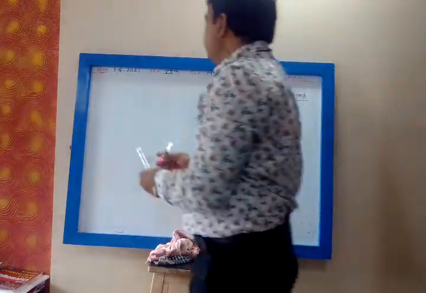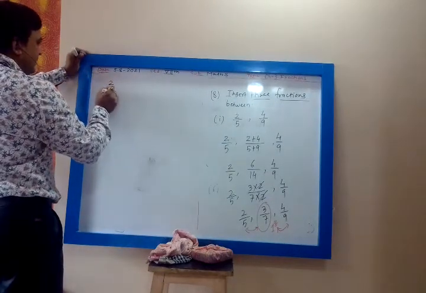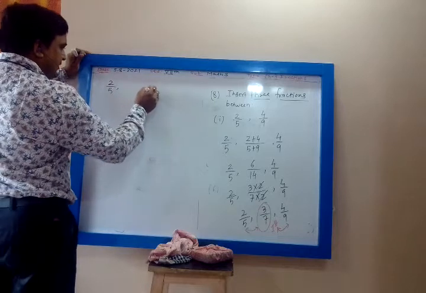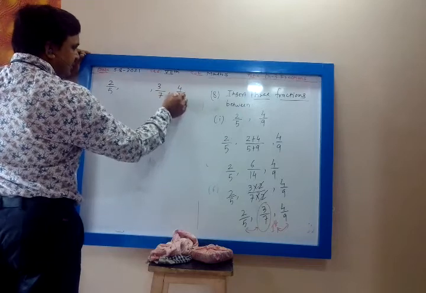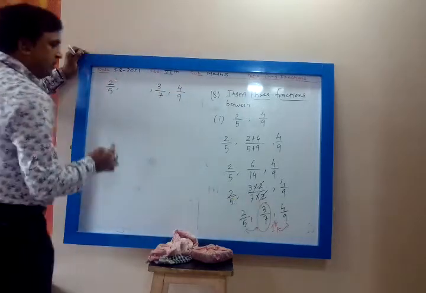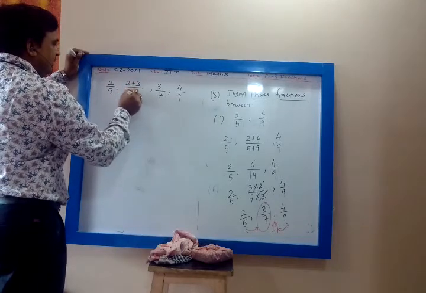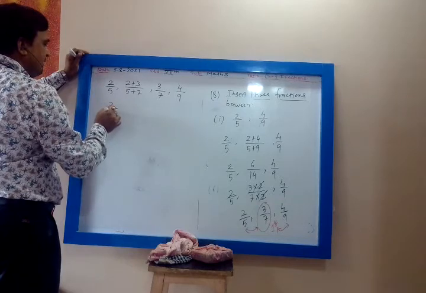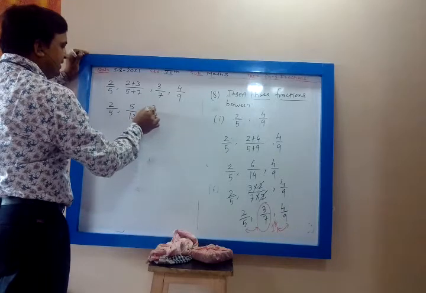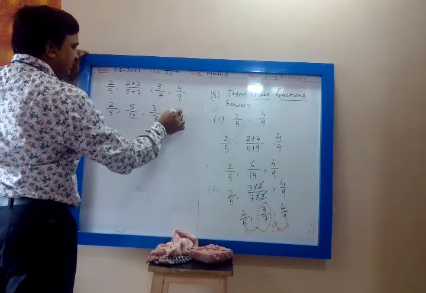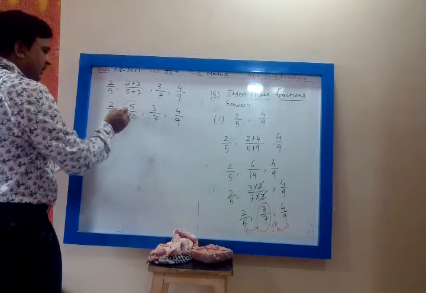So what is that? 2 by 5, comma 3 by 7, comma 4 by 9. First I will simplify these two, add these two. So that is 2 plus 3 upon 5 plus 7. So that is 2 by 5, comma 5 by 12, comma 3 by 7, comma 4 by 9. Yes. So this is my second. 5 by 12 is second.